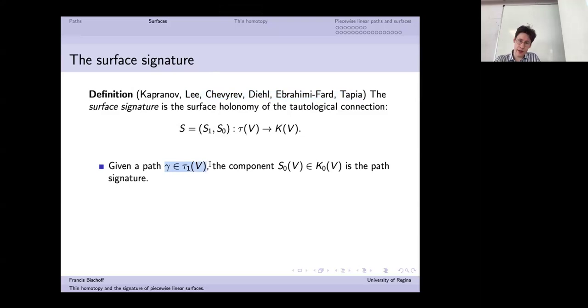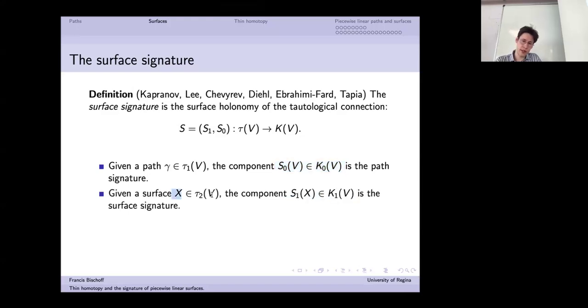Given a path, the component in K0 V is the path signature that I talked about in the first section. Given a surface, you now get a component in K1 of V, and this is what's called the signature of the surface.